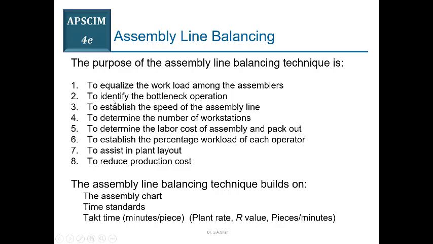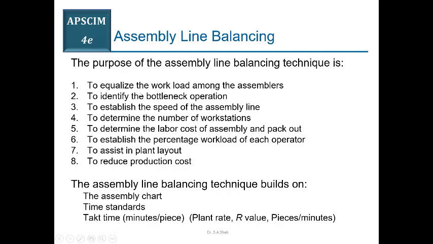For that, you will have to identify the bottleneck operation. Bottleneck operation, I told you, will be the busiest workstation of the system, or you can say, if busiest, then it will be the slowest workstation. Slowest or busiest workstation means that workstation which will have the maximum processing time or assembly time.